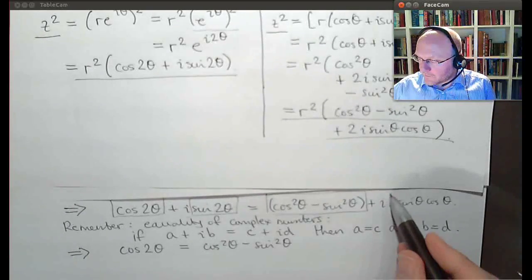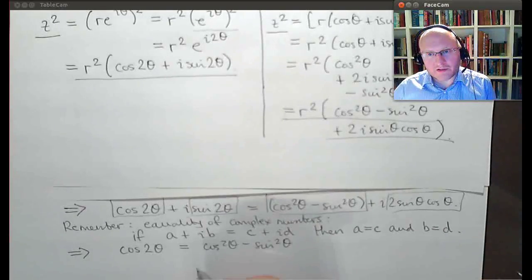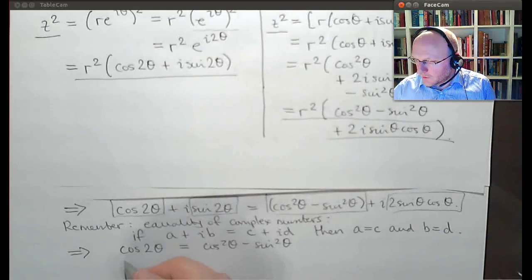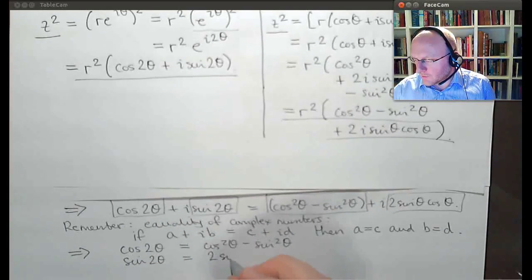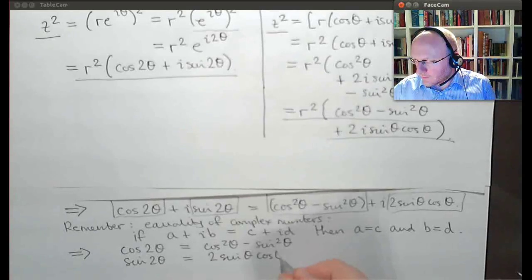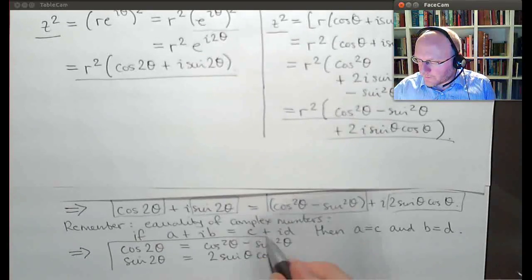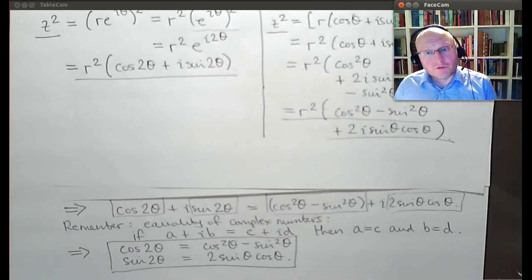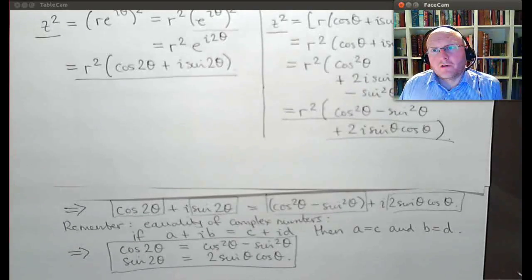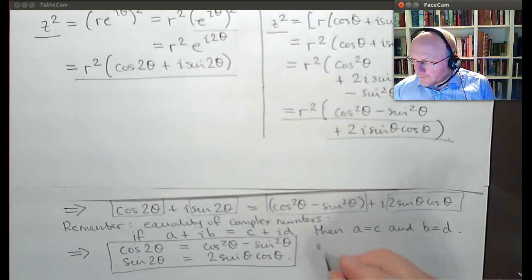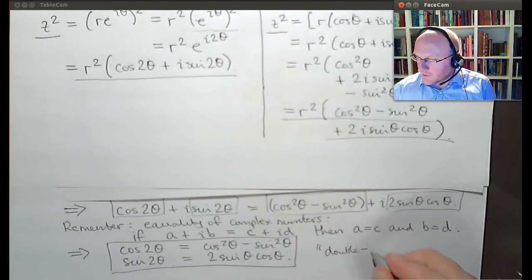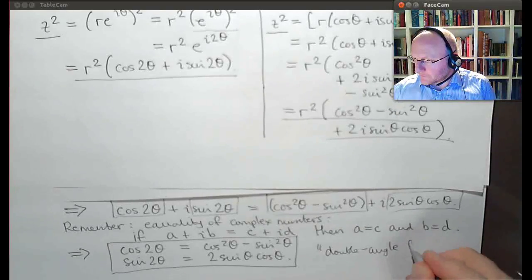The imaginary part on the left and the imaginary part on the right. These must be equal, which tells us that sine of 2 theta is 2 sine theta cos theta. So just by using basics of the representation of complex numbers in Cartesian versus polar form, and by using the basic rules of algebra, we've derived here what are often called the double angle formulae.